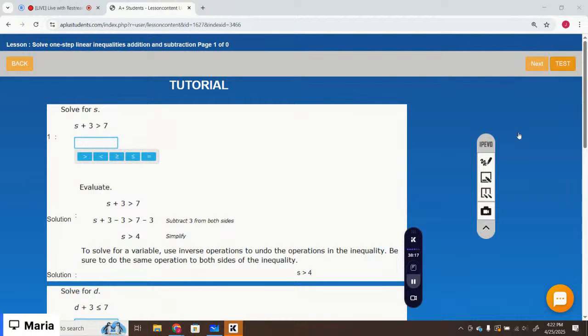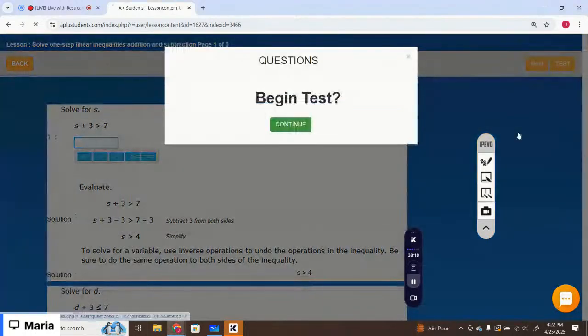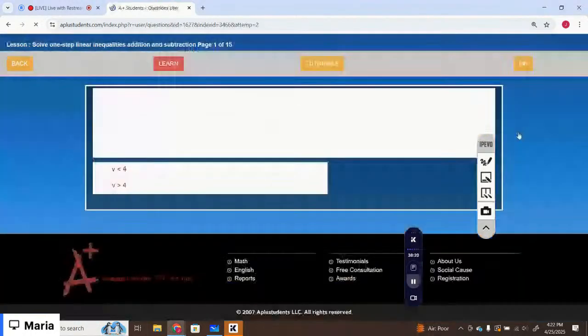Let's just start with the test questions. Solve for b. b plus 1 is less than 5.